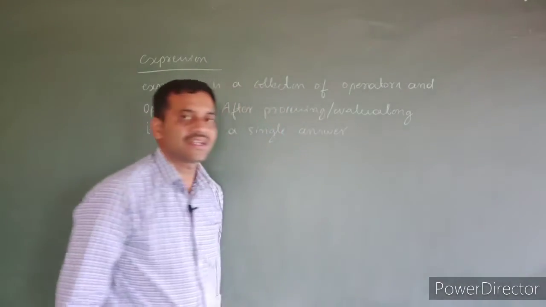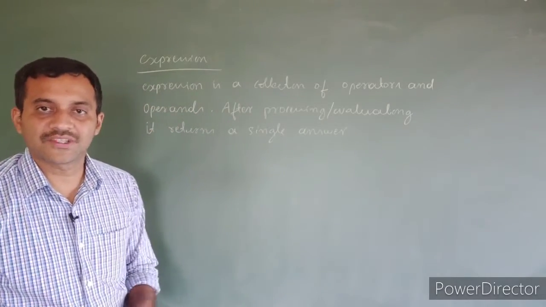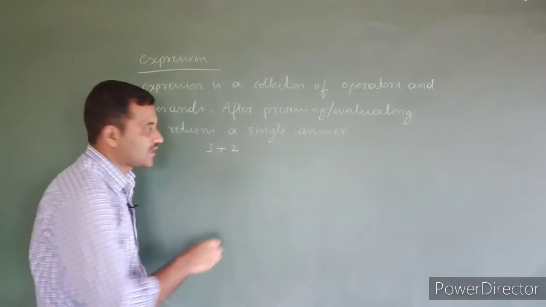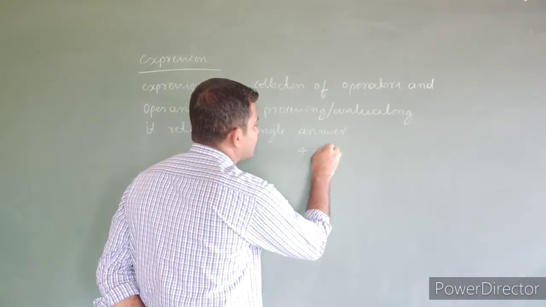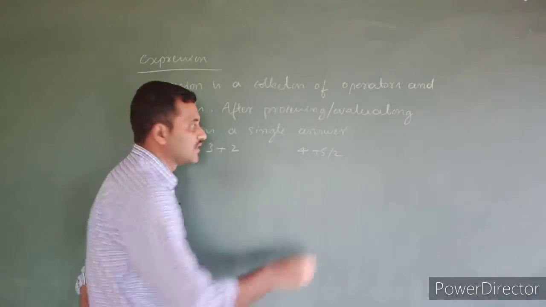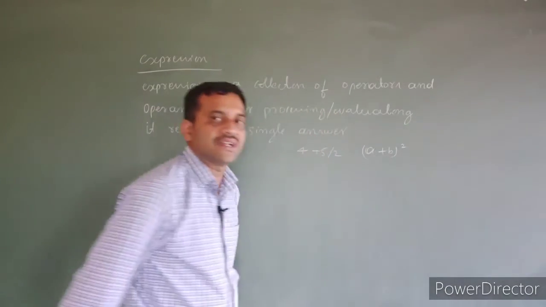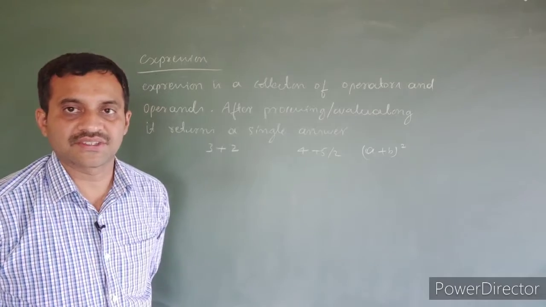For example, 3 plus 2 is an expression, 4 plus 5 divided by 2 is an expression, a plus b whole square is an expression. So these are the expressions.